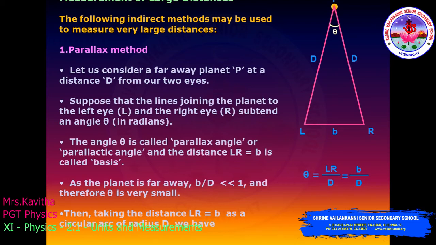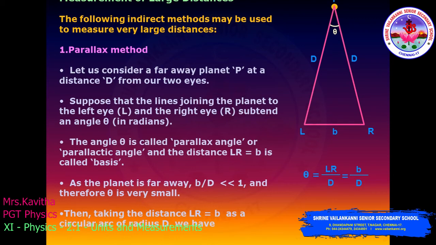The distance between the two points of observation is called the basis. In this, right? So which is nothing but parallax. The angle we can call the parallactic angle. Now with an example we can do this, right? Let us consider a faraway planet P at a distance d from our two eyes.